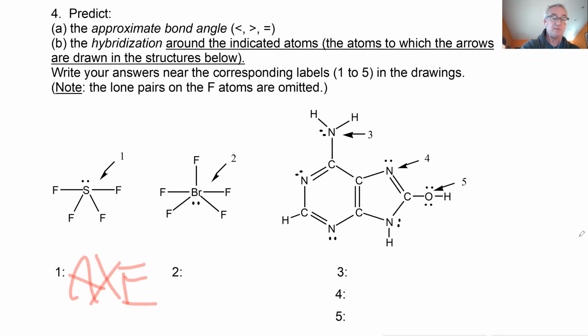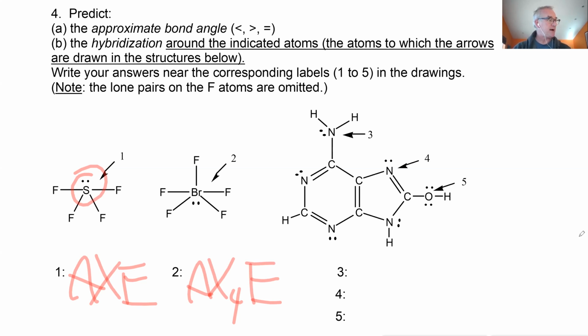So my central atom is sulfur. So that's my A. X is the number of atoms surrounding it. So how many is that? 4. So AX4, and then E is the number of lone pairs of electrons. So how many is that? 1. So AX4E.